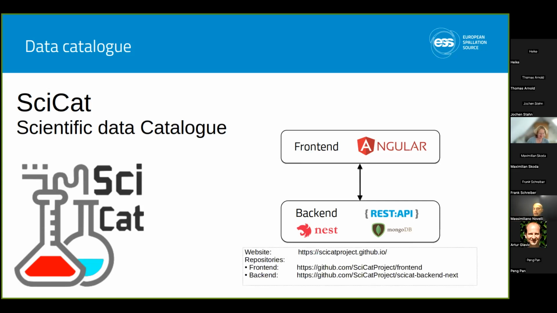These are the website, which is a work in progress, and the two repositories for the front end and back end. I'm not going to bother you again with the FAIR and TRUST principles, because we want to strive for those specific principles, and it's always a work in progress.